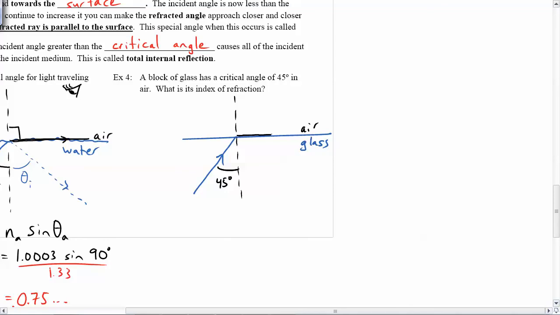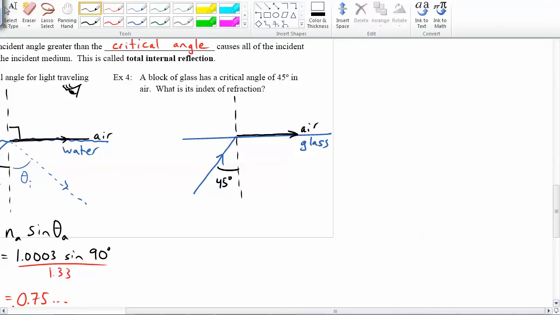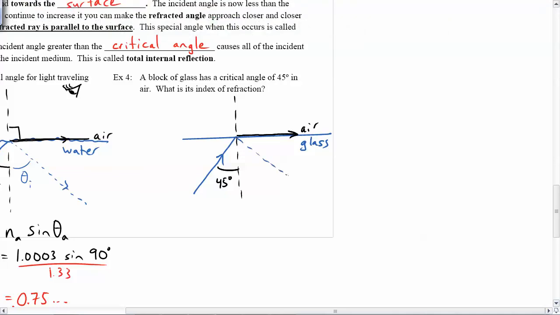All the light is just going to travel right along the surface of the glass. None of it will be refracted. All of it will be reflected at 45 degrees. Okay, and the refracted light will be parallel to the surface.